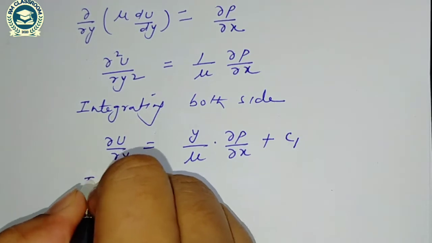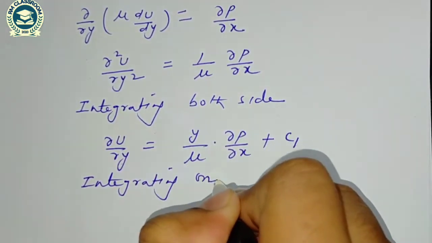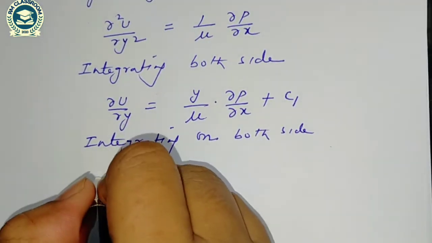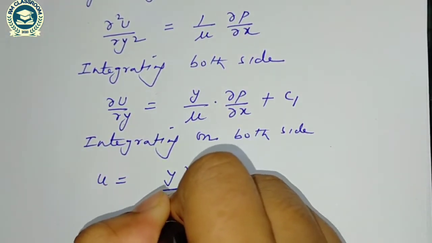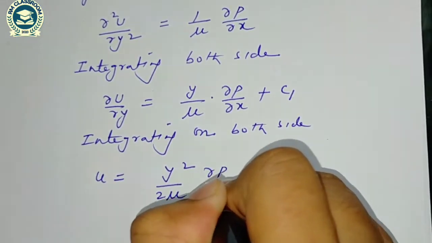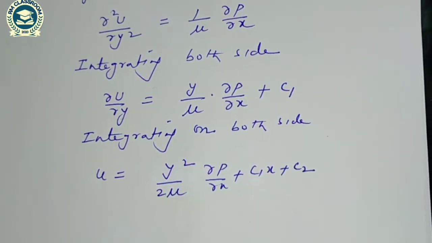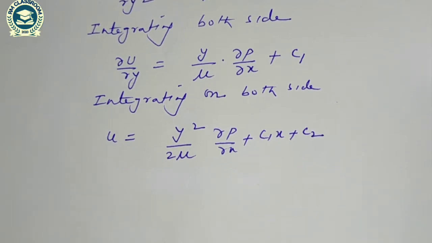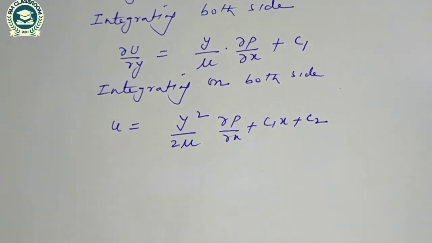Once again integrating on both sides, u is equal to y square by 2 mu del p by del x plus c1 y plus c2. So once we compute these constants c1 and c2, we will get the expression of velocity when our flow is between two parallel fixed plates.